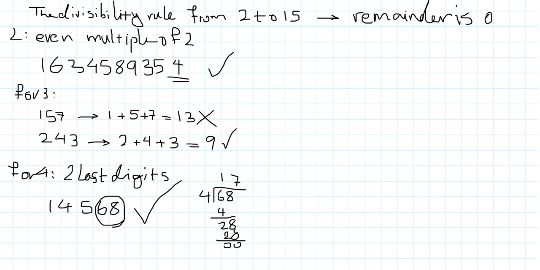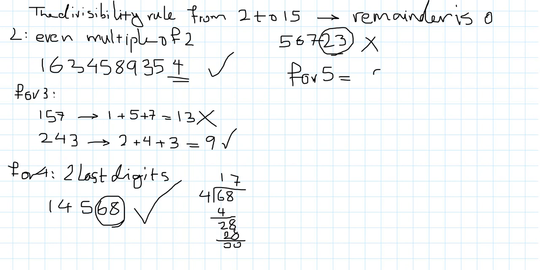Now another example. Suppose that 5, 6, 7, 2 and 3. Look at the last two digits. Is 23 divisible by 4? No. It is not in the 4 timetable. Now go for 5. For 5, only look at the last digit.